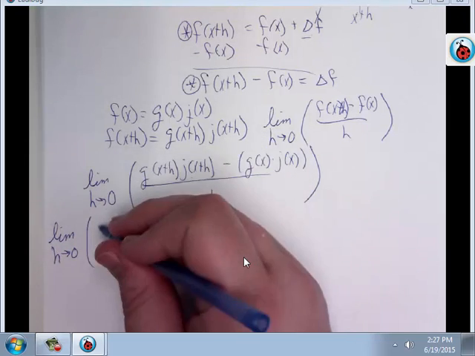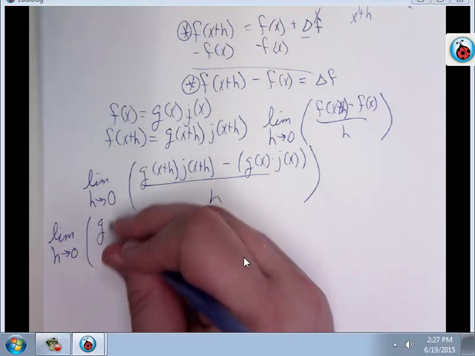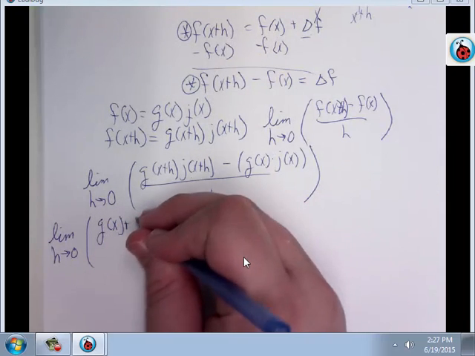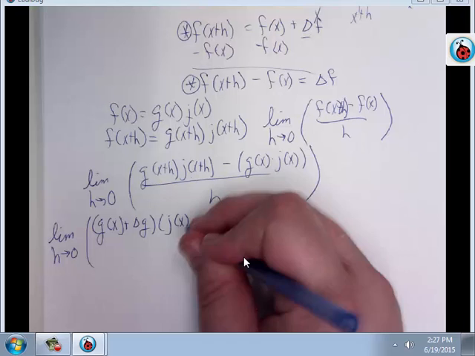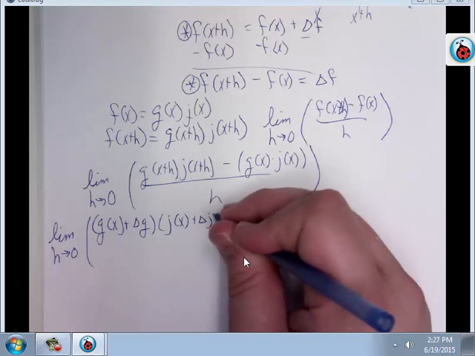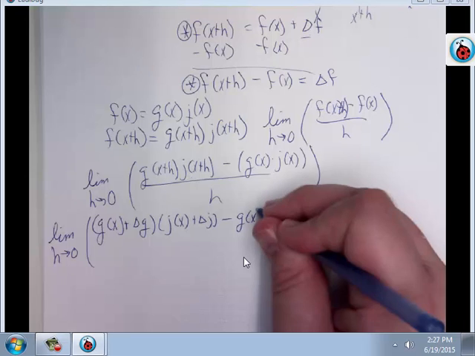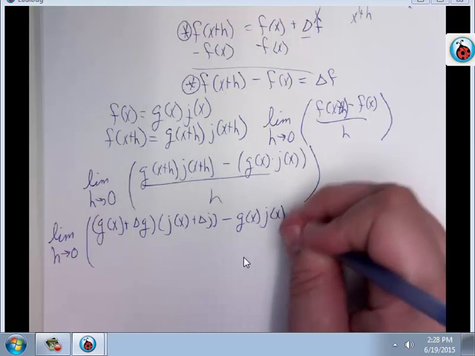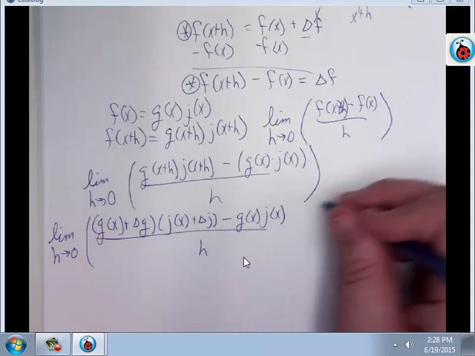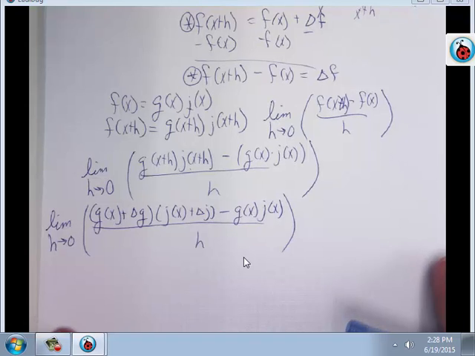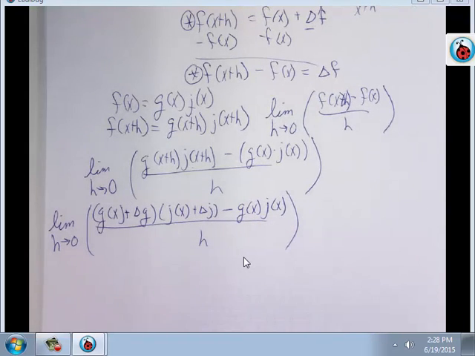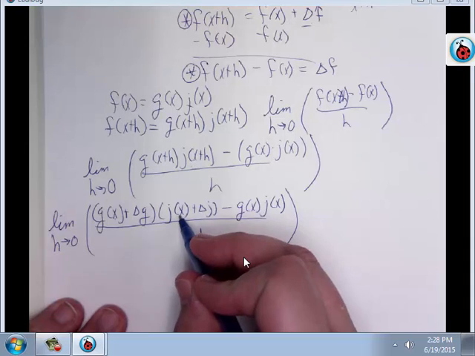So we'll have g of x plus delta g times j of x plus delta j minus g of x, j of x, all over h. Now you might be thinking to yourself, wow, I don't know what else I could do from here. But you've got a binomial times a binomial. You can FOIL it.